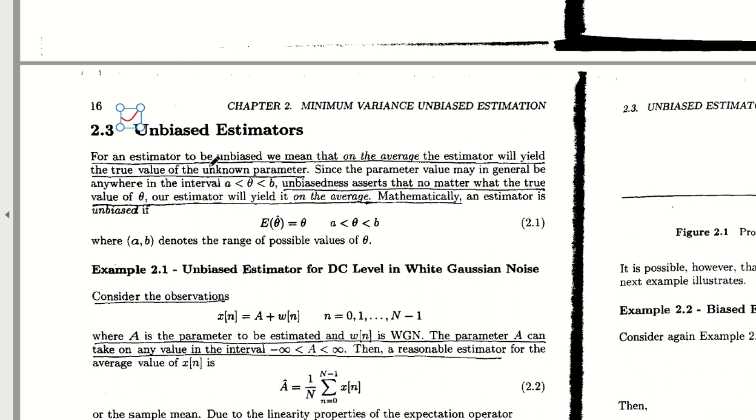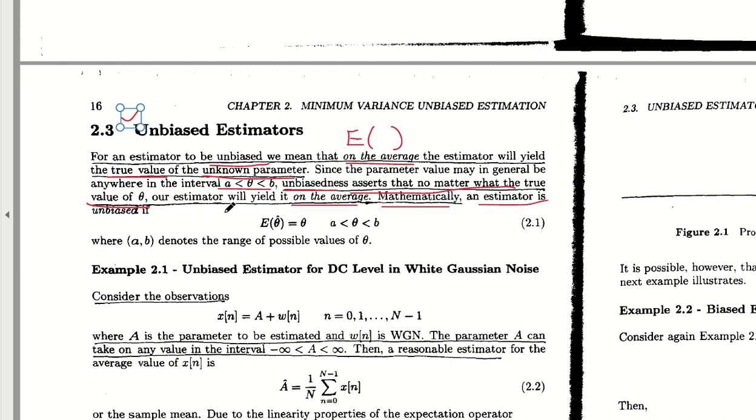For an estimator to be unbiased, we mean that on average, the estimator will yield the true value of the unknown parameter. When we say on average, we are actually talking about the expectation of something. Since the parameter value may in general be anywhere in the interval, unbiasedness asserts that no matter what the true value of theta, our estimator will yield it on average.